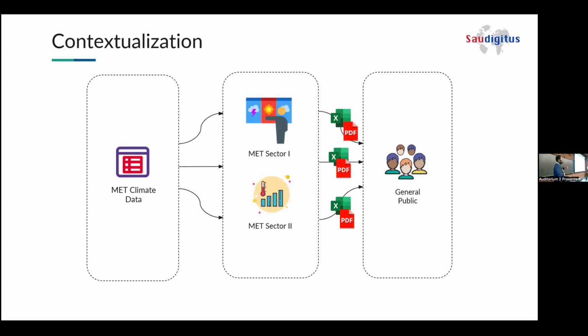This information is shared with the general public or the partners by Excel files or reports. And on some occasions, they do workshops with these partners, like the health ministry, and discuss what's upcoming in terms of climate, and how to prevent problems.